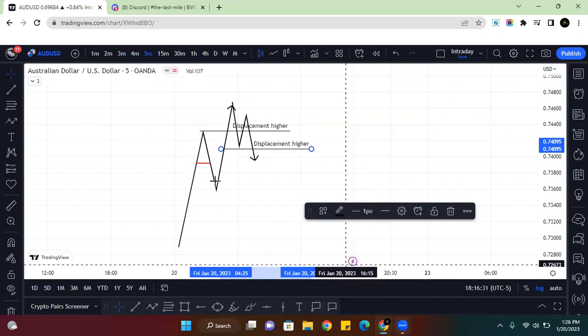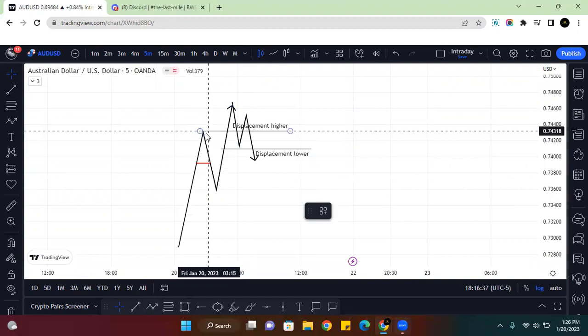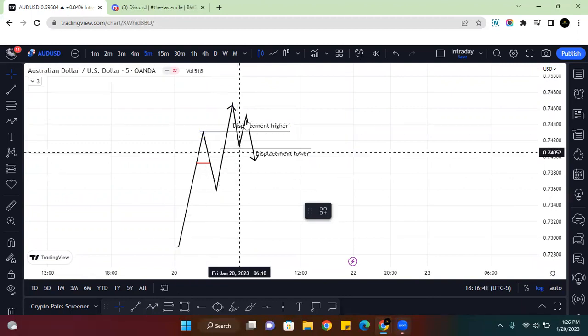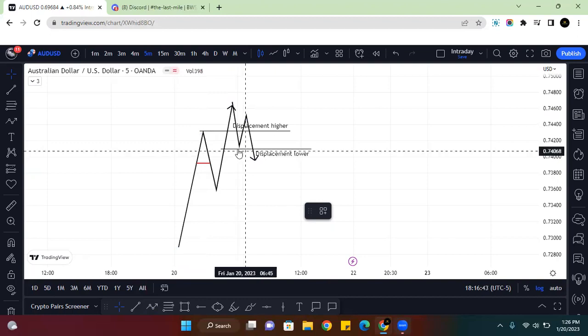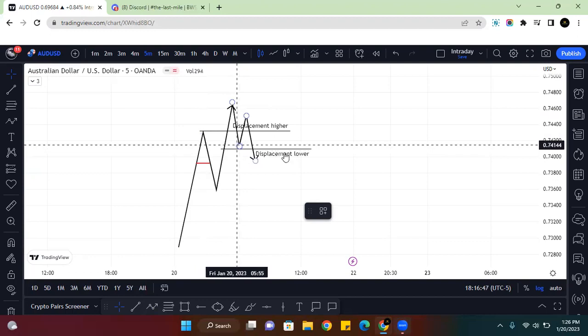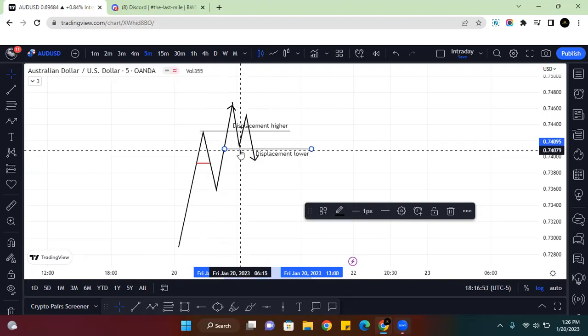So basically, you want to rally up, make a high, make a low, take out that short-term high. Once it does, you want to make a low again, make a high, and then take out that short-term low. The second it takes out that short-term low, it's confirming and it's called displacement lower, and I usually mark that up right there. It's showing you its hand, it's tipping its hand to you in terms of the short.